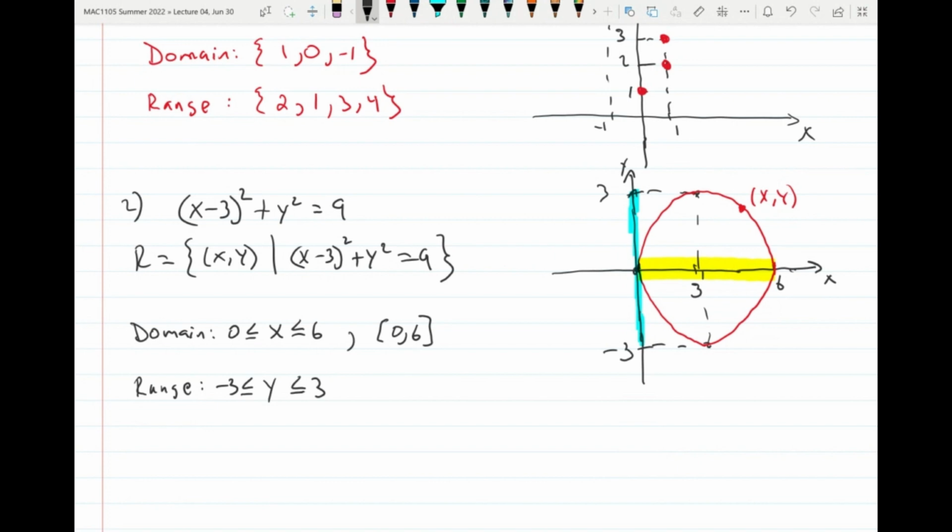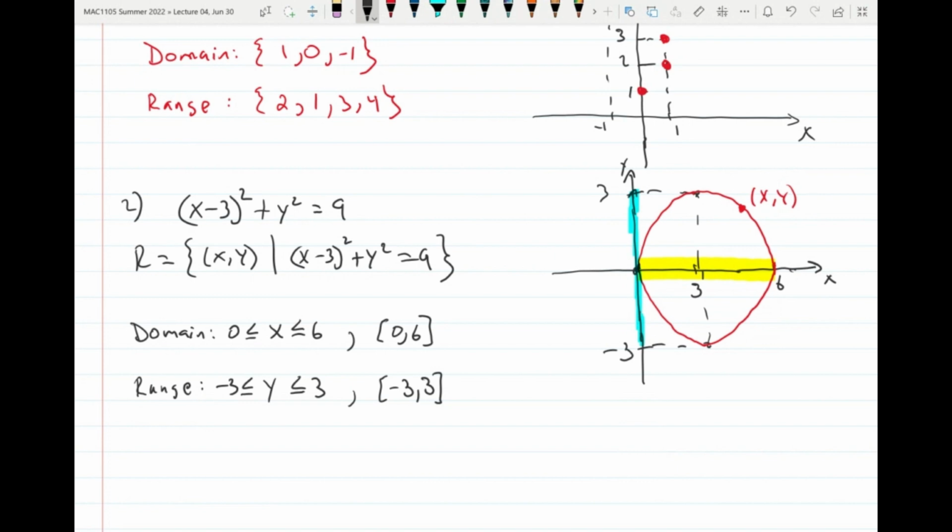And once again, here we are stressing the fact that it's a variable y, but you could also write it in interval notation like this. But now, if you write this, it has to be accompanied by the word range. Because otherwise, I don't know, are you talking about x or are you talking about y? Okay? All right, questions?